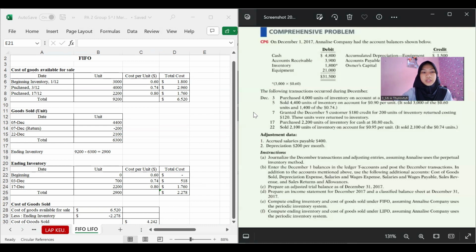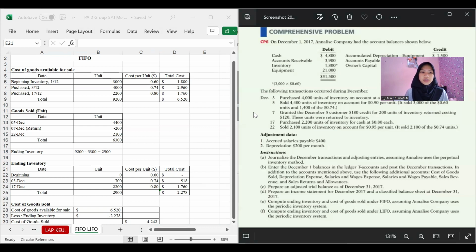For the ending inventory, we reduce the goods available for sale by the goods sold, namely 9,200 minus 6,300. The result of the ending inventory is 2,900 units.